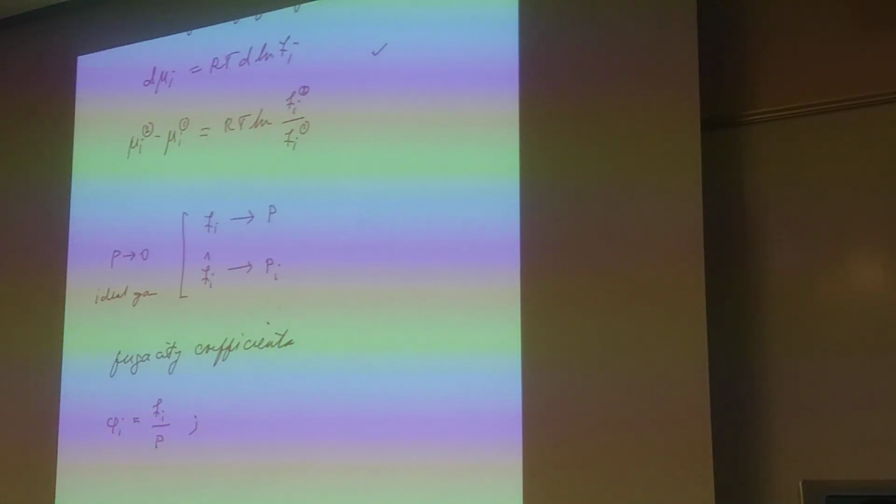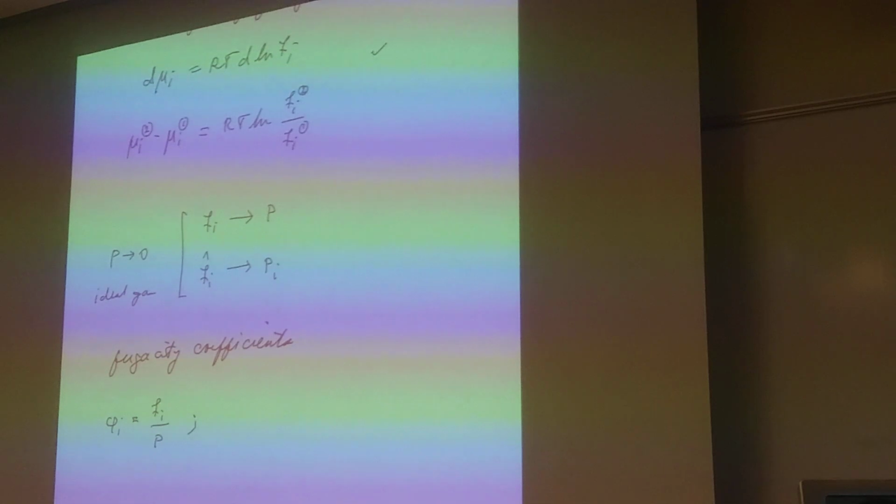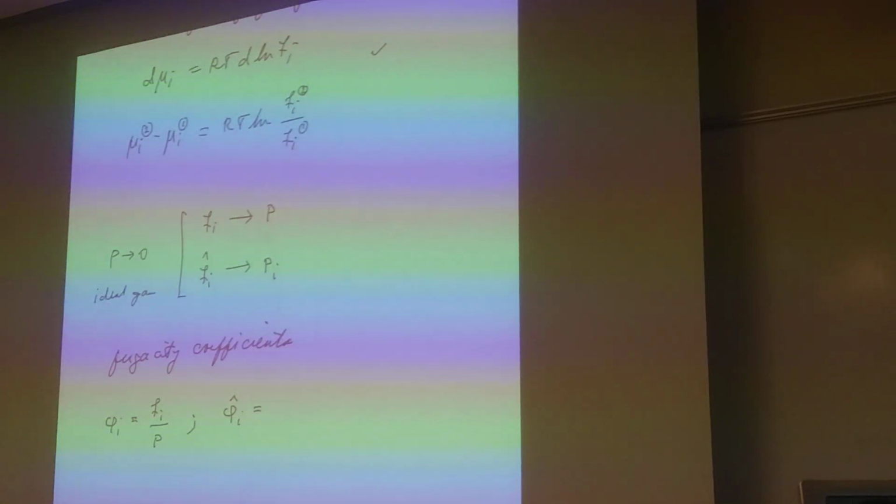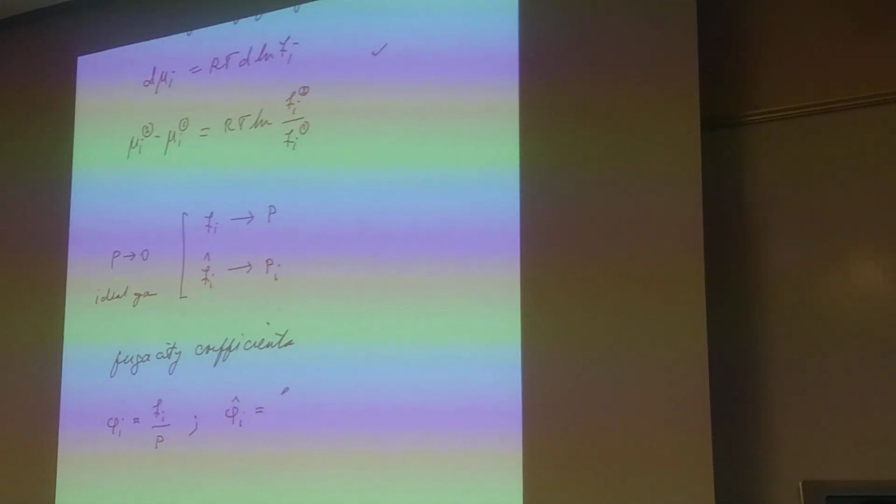And of course, you note that as we go to ideal gas conditions, that goes to 1. And the fugacity coefficient of component i in the mixture is defined as the fugacity of component i in the mixture over the partial pressure, which is y_i P. So these can be regarded as definitions, and we'll be seeing them over and over again.